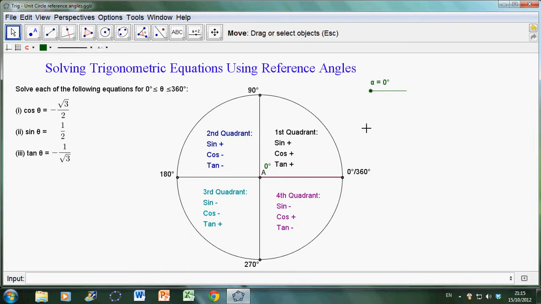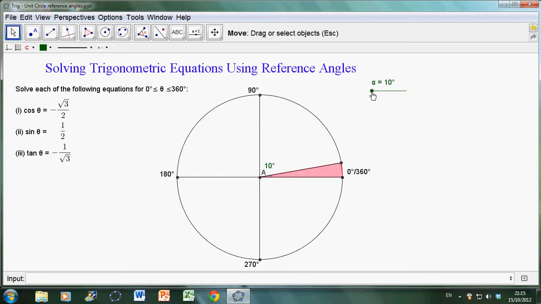So in this example, to find the reference angle I would do cosine inverse of root 3 over 2. I would ignore the minus sign to find the reference angle. When you do that on your calculator, you would find that the angle we're looking for is 30 degrees. So our reference angle is 30 degrees.